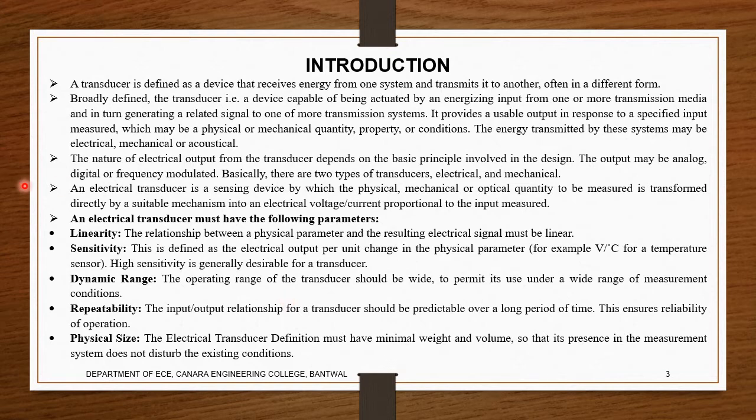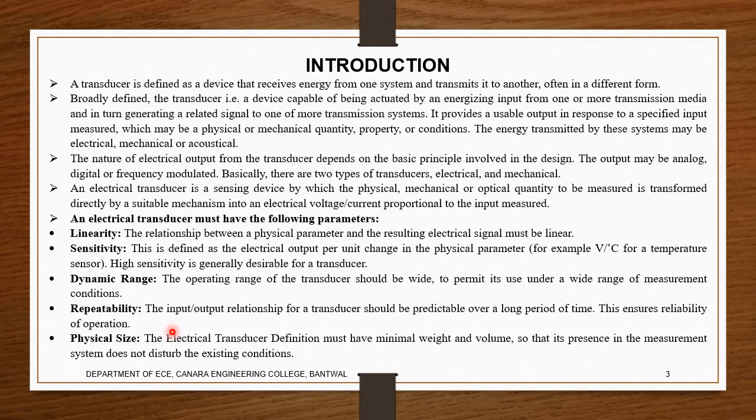Next is the repeatability. The input and output relationship for a transducer should be predictable over a long period of time. How reliable is this, you might ask. If you are expecting 2 volts at the output, it should be almost the same each time.